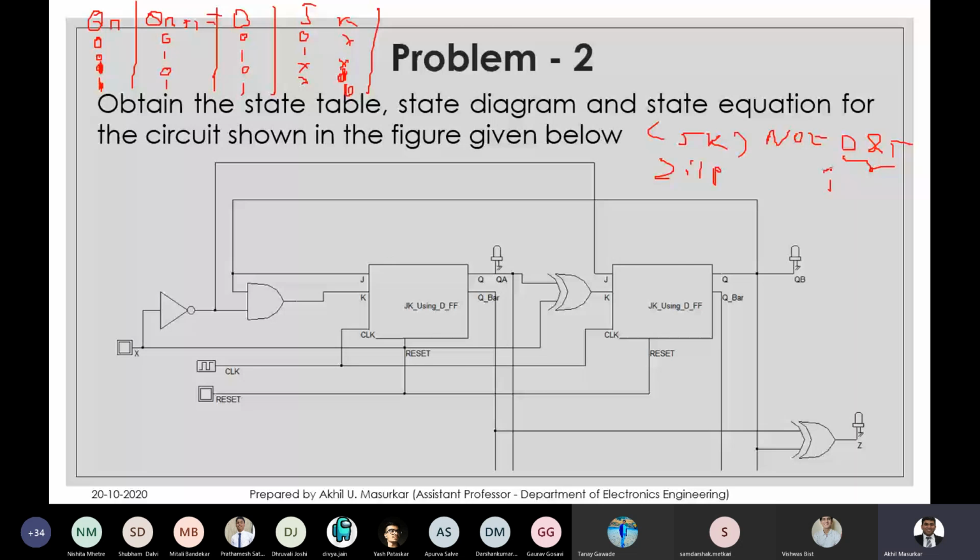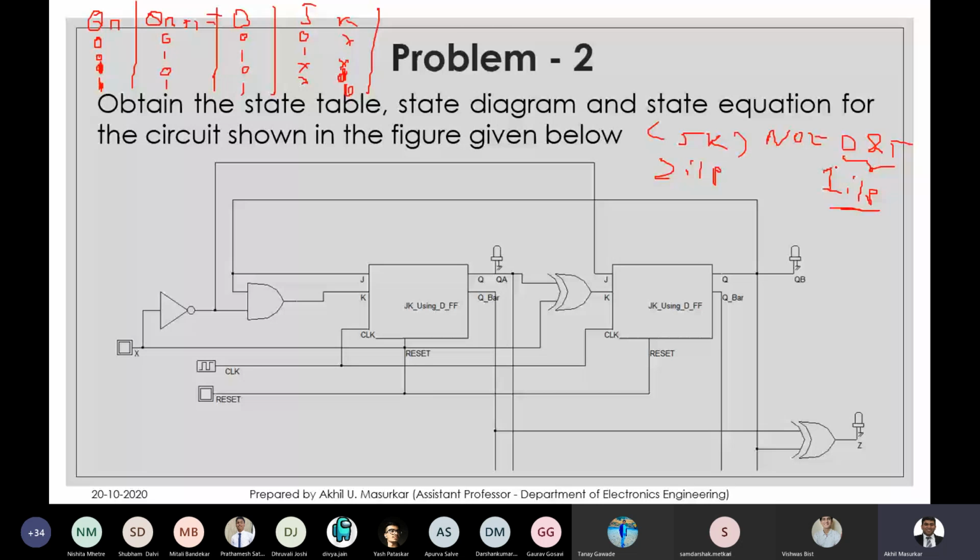So obviously when the number of inputs is less, our trouble is also less because we don't have to think too much about the excitation, about the inputs. However, JK flip flop gives lesser hardware as compared to D and T, but that might not always be true. So in a way, it depends.